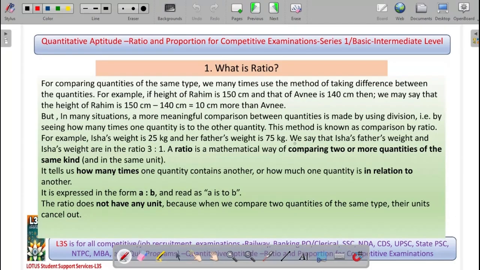We write A:B if we have the ratio between A and B, and we read it as A is to B. The ratio does not have any unit because when we compare two quantities of the same type, their units cancel out.